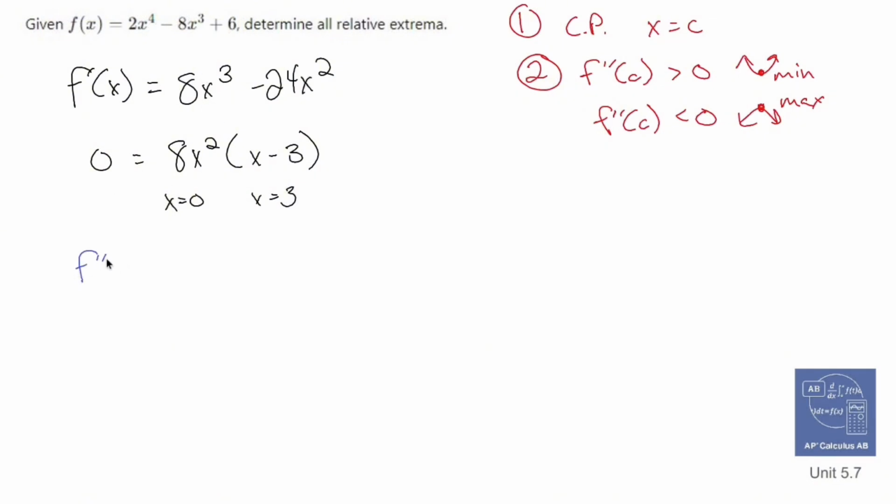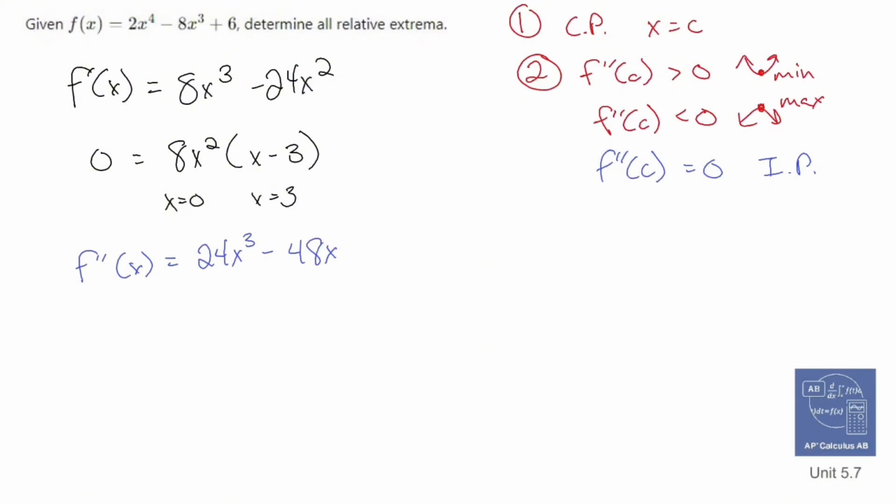So f double prime of x is going to be 24x cubed minus 48x. And with that multiplicity of 2 scaring me a little bit, that's going to remind me that f double prime of c, if it equals 0, is going to be an inflection point. But we'll see if we have to worry about that.